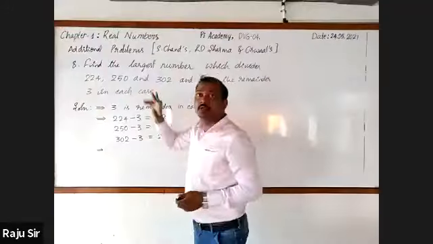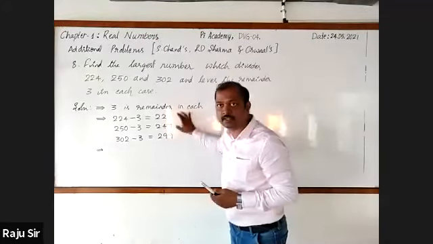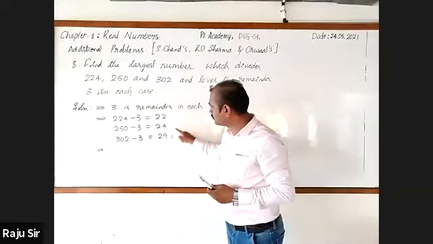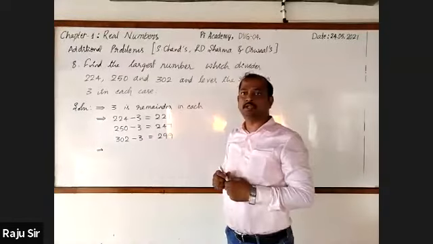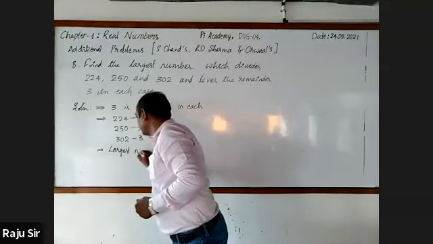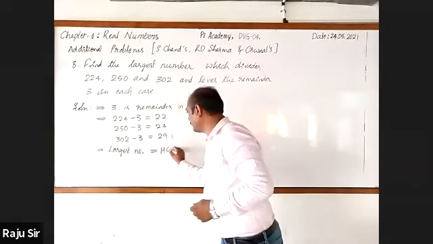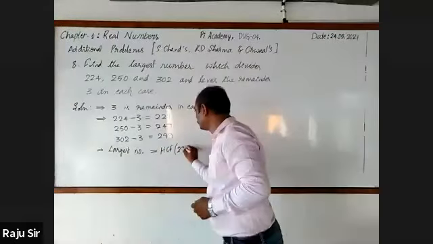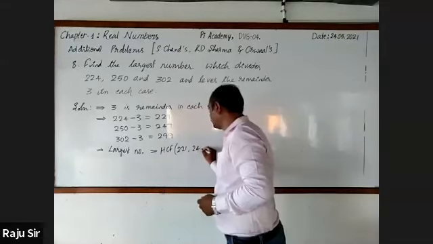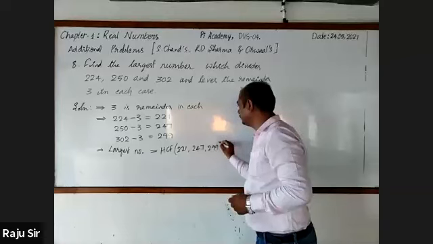We want the largest number. So now that largest number will be the HCF of these numbers, that is 221, 247 and 299. Here I'll write: largest number is equal to HCF of 221, 247 and 299.